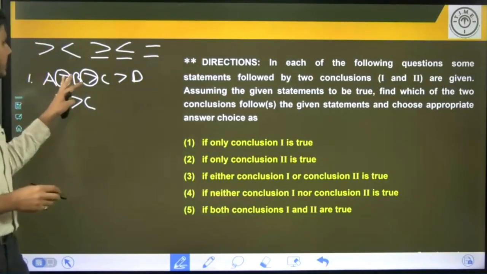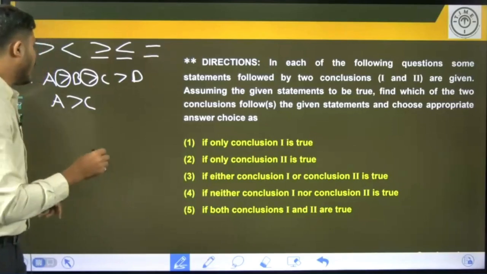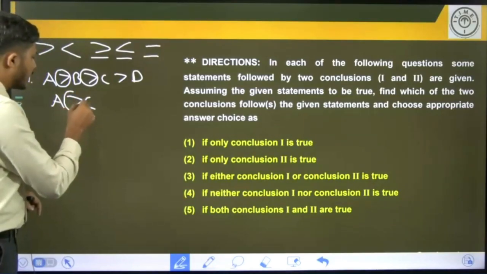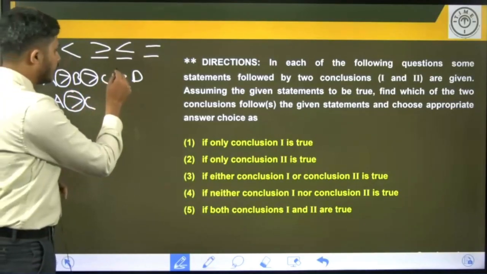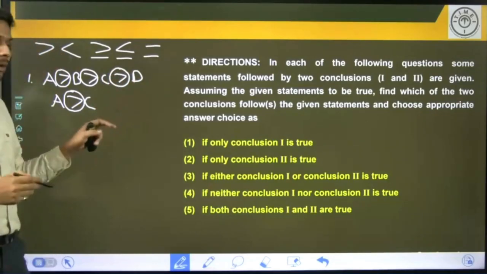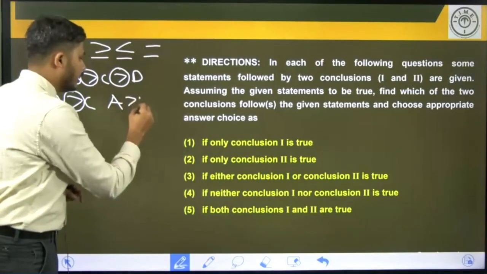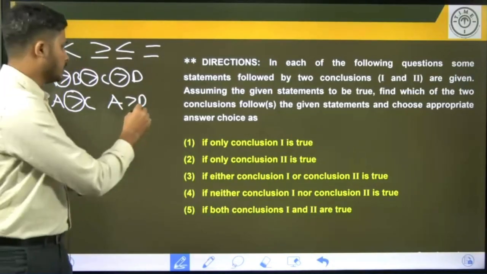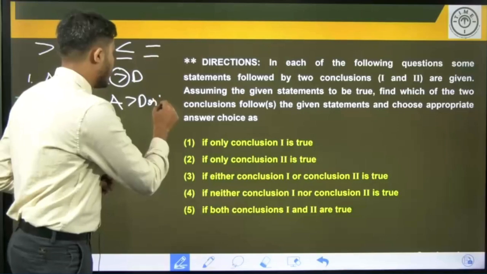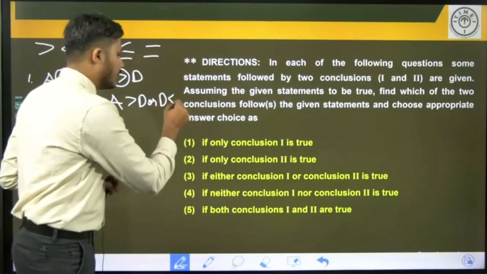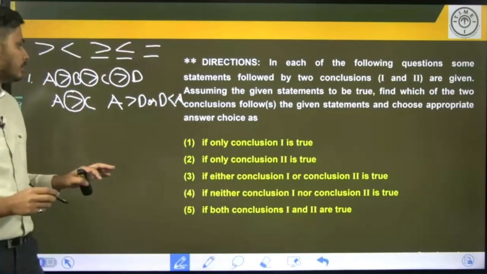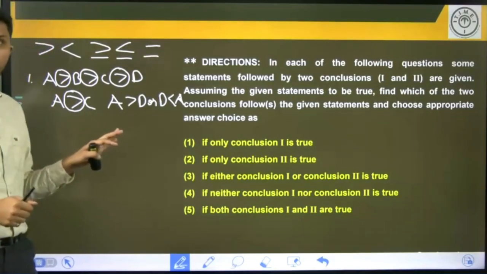So let's find out the relation between A and D. As you can see, since A is greater than C and C is greater than D, the end result will also be A greater than D, which is same as D less than A. So this is the first shortcut.